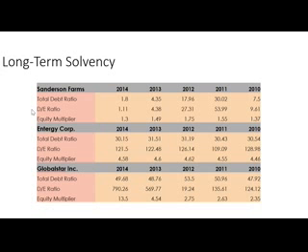Their DE ratio, which is the total long-term debt to equity, shows for Sanderson Farms in 2014 that 1.11% of their equity is debt, or about 98% more equity than debt.